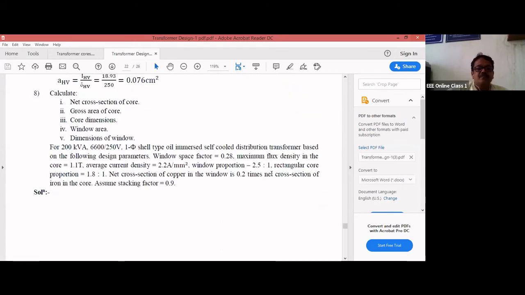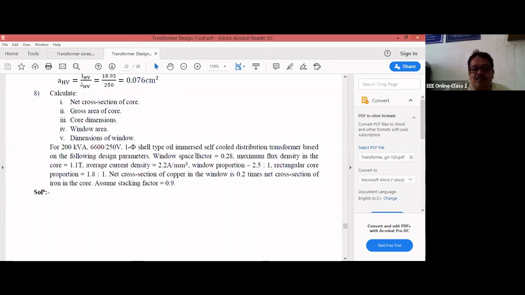Okay. So for a 200 kVA, 6600/250 volt single phase shell type oil immersed self-cooled distribution transformer, based on the following parameters: window space factor is given, maximum flux density in the core 1.20, average current density delta is given.